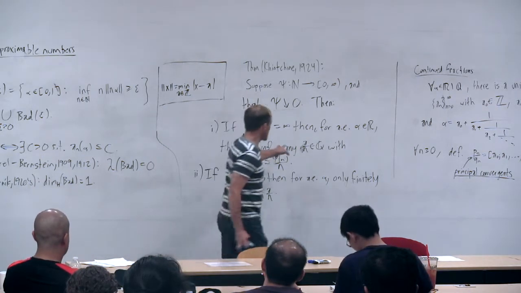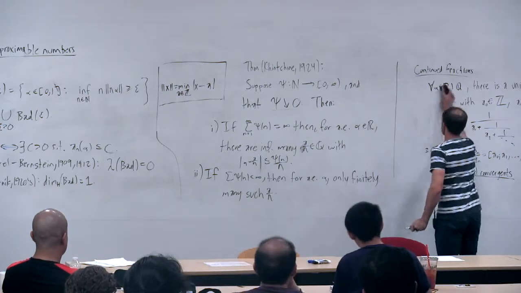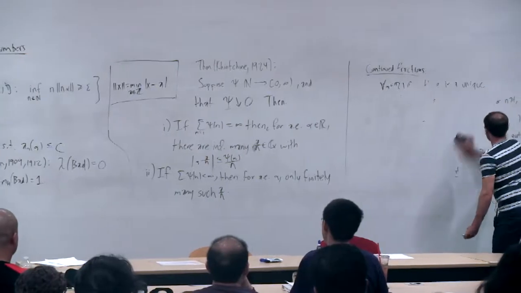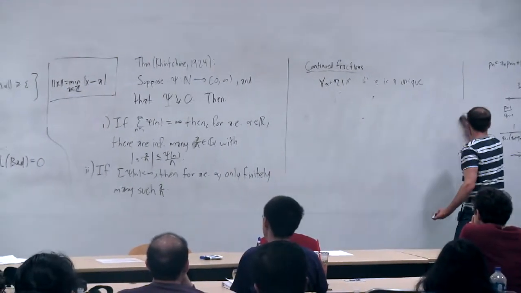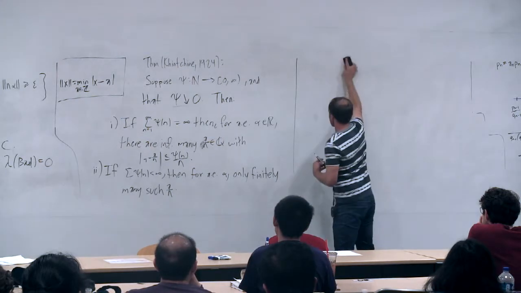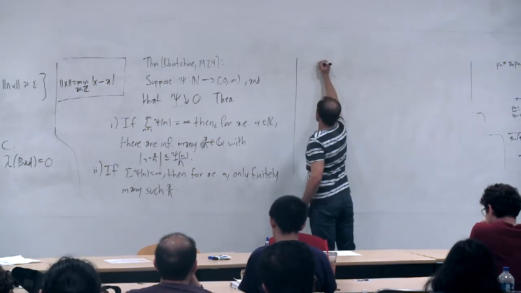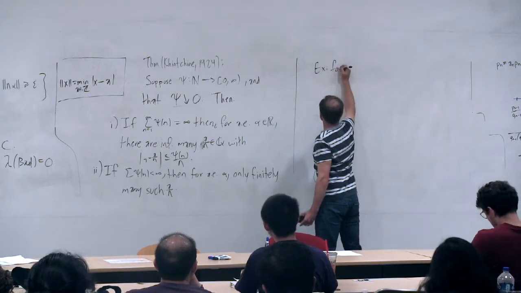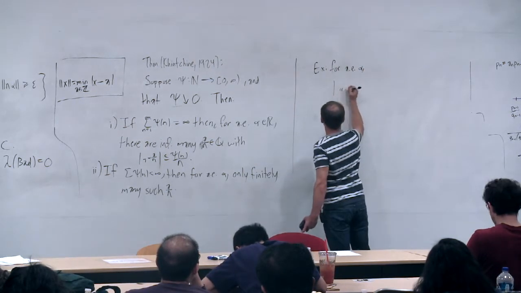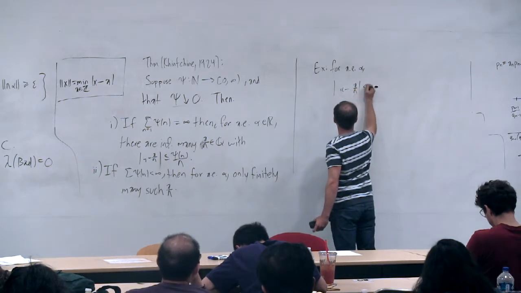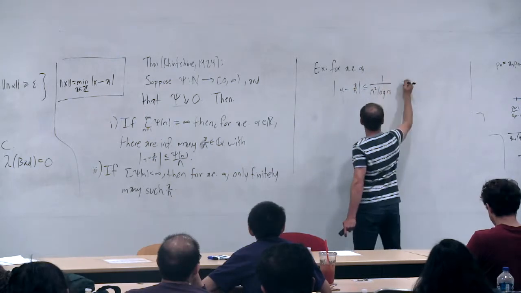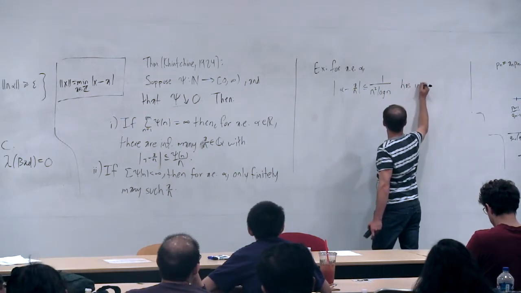And what does the theorem mean for those of you who are still trying to digest the statement? Well, what would be an example of a choice of psi that I could choose for the first one? I could maybe choose 1 over n log n. Try to choose something close to the border. So for example, for almost every alpha, the inequality |alpha - a/n| less than or equal to 1 over n squared log n has infinitely many solutions.